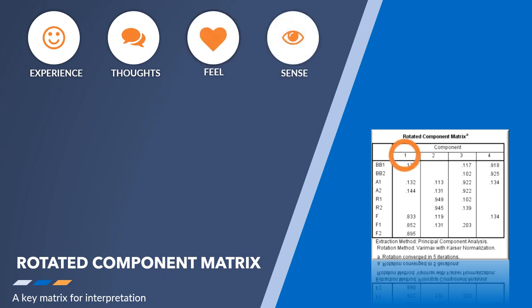They are represented as component 1, 2, 3, and 4 in this matrix. This means that every statement in your questionnaire, which is in this case BB1, BB2, A1 and A2, etc., is grouped into components 1, 2, 3 and 4. However, sometimes you will find that one statement can be grouped into more than 2 components. In that case, we will ignore all the components that have a lesser value than 0.5.